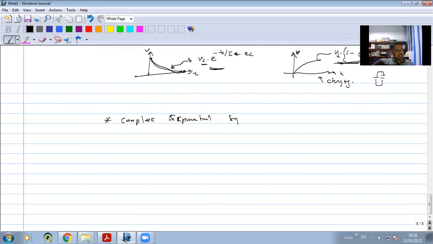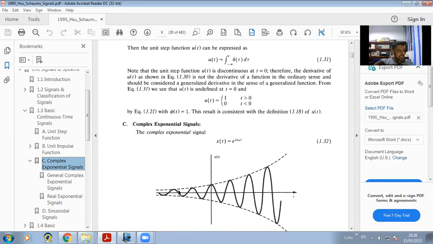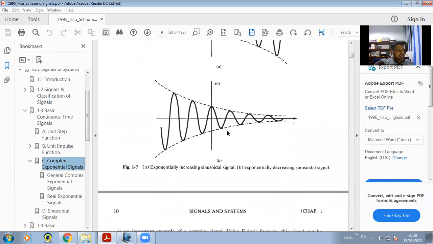We normally refer to it as e to the power j omega naught t. This is an increasing sinusoidal signal.